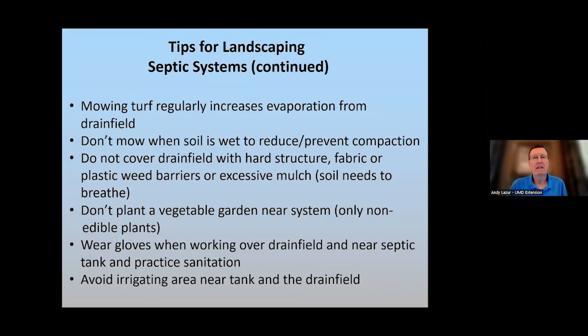That would not be a recommended practice. Hopefully you're getting enough rain to keep the plants healthy. In a dry spell, you could do some very light watering, but you don't want to irrigate heavily.